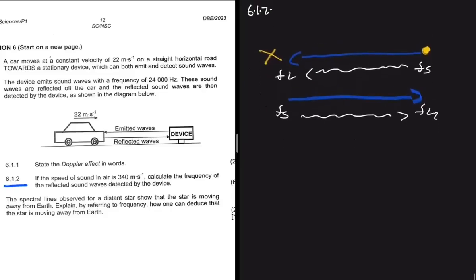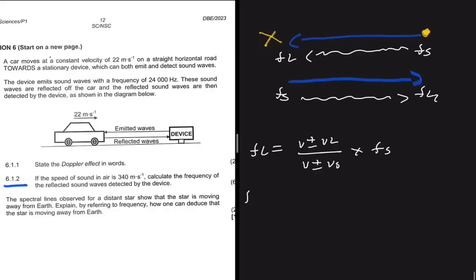For the first part, the frequency of the listener equals V plus or minus the velocity of the listener, divided by V plus or minus the velocity of the source, multiplied by the frequency emitted by the sound source.